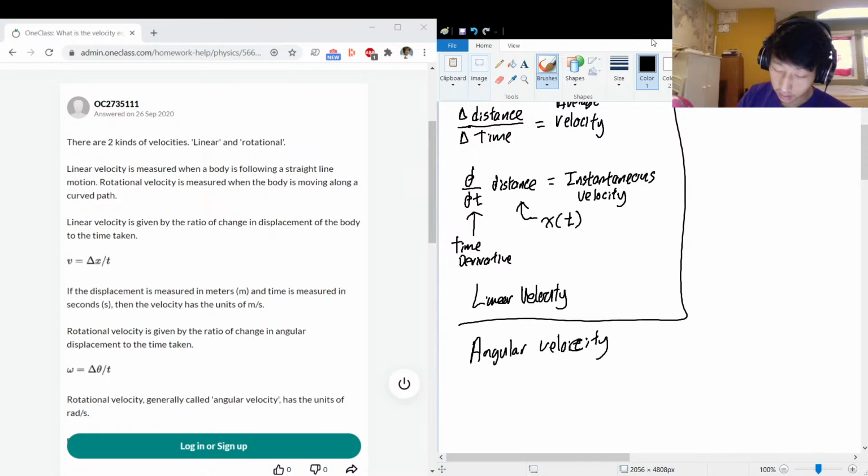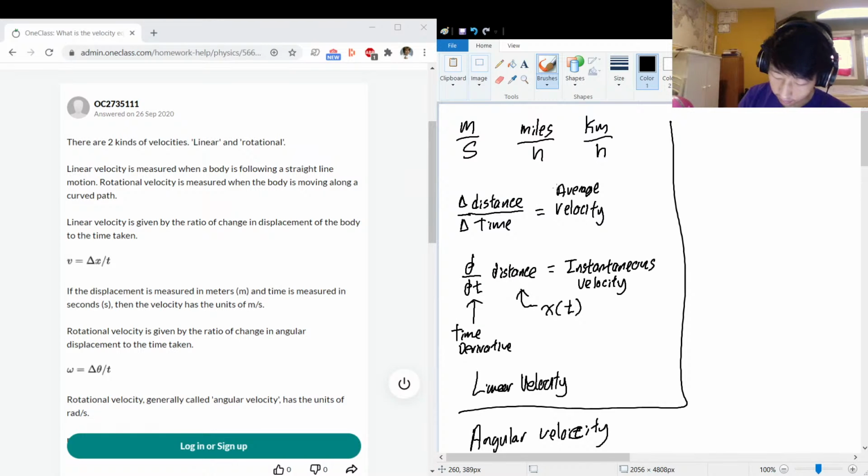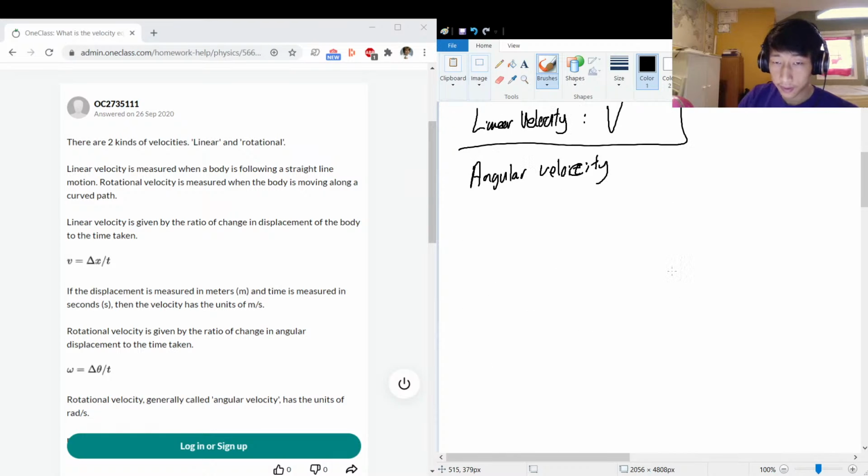Linear velocity is represented with the letter V. Sometimes you'll have it as a V vector, if you're specifying that you're going a certain velocity in a certain direction. I could say I'm moving 10 meters per second, but if I'm moving 10 meters per second towards you, away from you, upwards, downwards, you have to specify the direction, just to be a little more precise with the information that we're supplying.